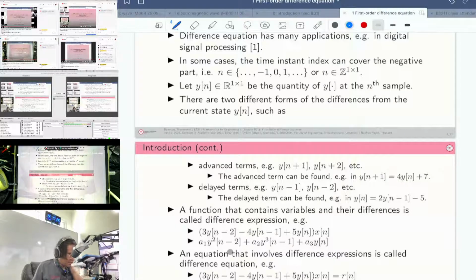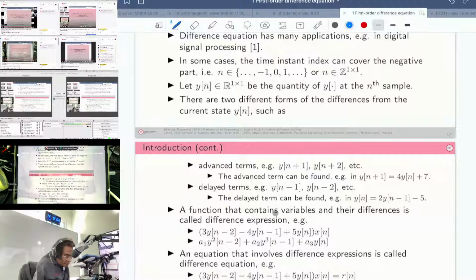Another difference expression is the following: a1 times y squared of n minus 1, a2 times y cubed of n minus 1, plus a3 yn. This is a difference expression, but it's not yet an equation.